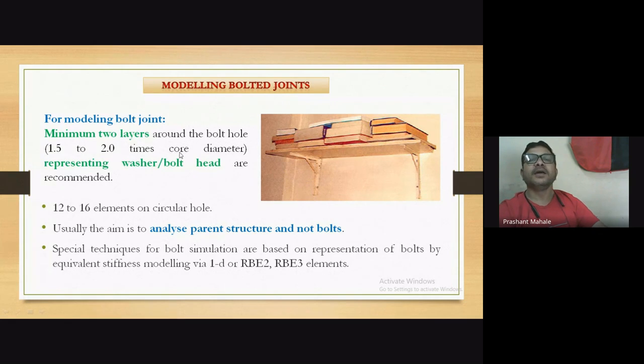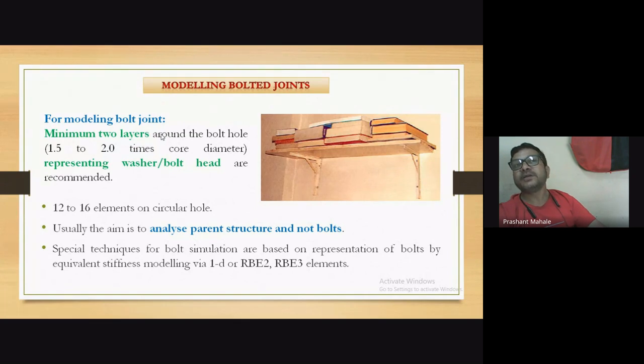If it is 10, then you consider a 15 mm or 20 mm diameter area for analysis, because on that particular area, the head of the bolt, or the washer if it is used in between, is going to apply pressure. Therefore we need to consider that area for analysis.